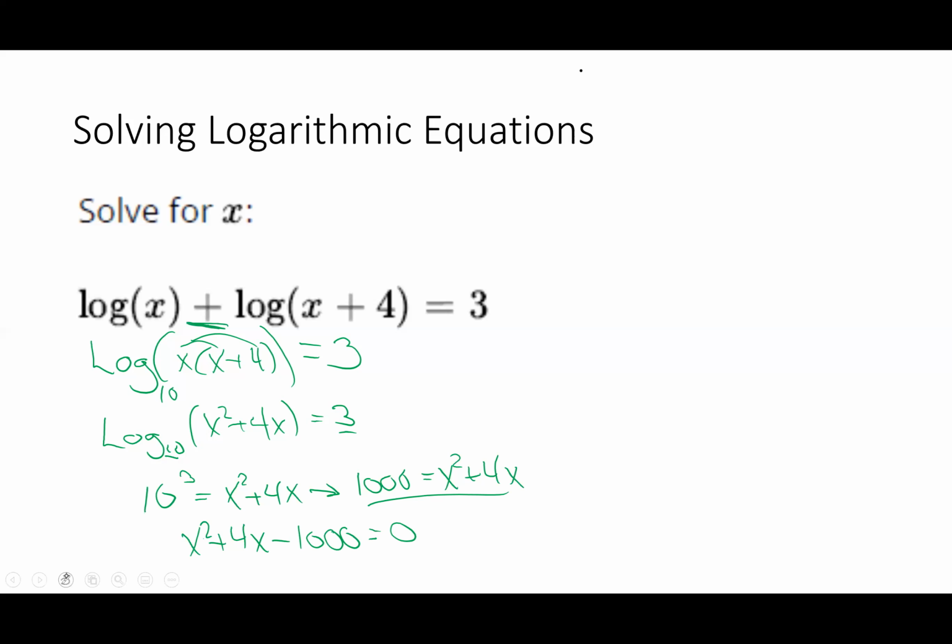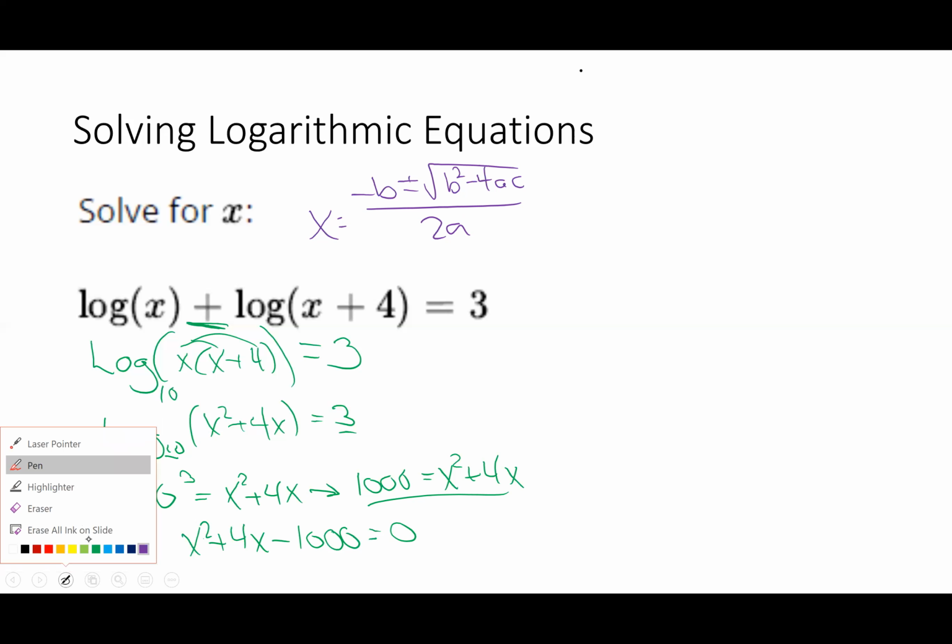So we're going to need to use the quadratic formula. So that's going to be x equals negative b plus or minus the square root of b squared minus 4ac all over 2a. I'm going to leave you to plug these particular numbers in on your own, okay?